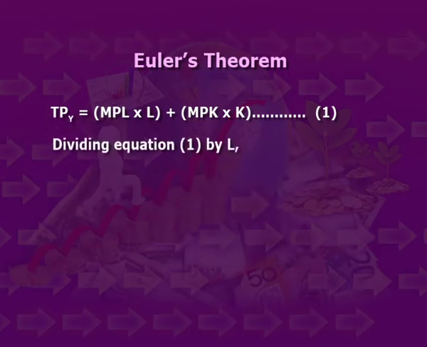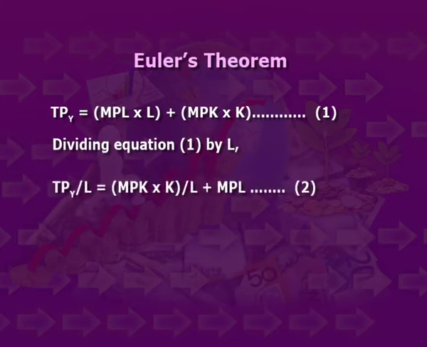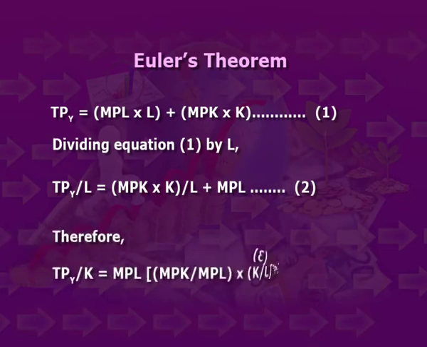Dividing equation 1 by L, TPY by L is equal to MPK into K by L plus MPL. Therefore, TPY by K is equal to MPL multiplied by MPK by MPL into K by L plus 1.